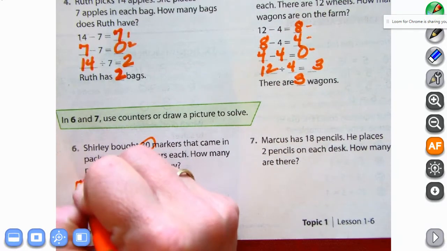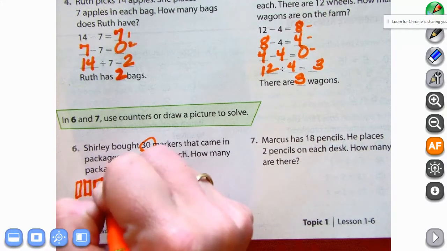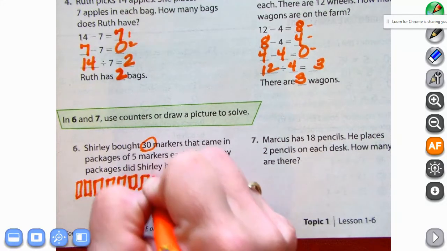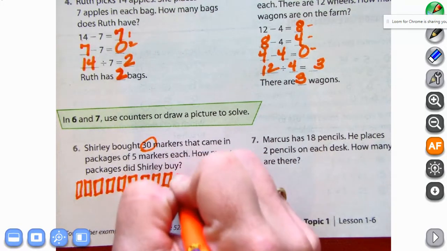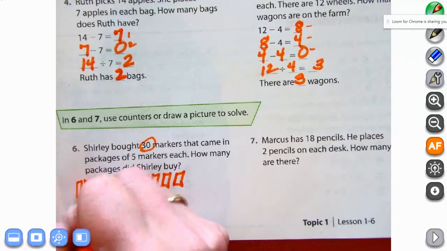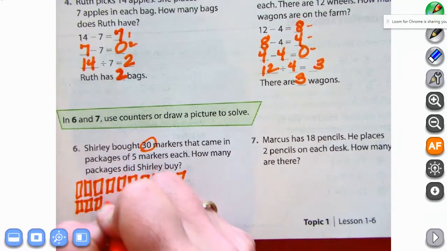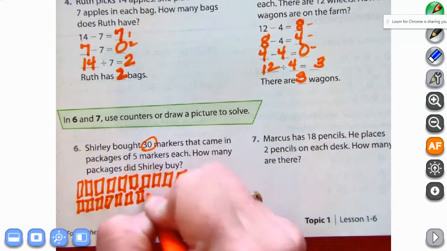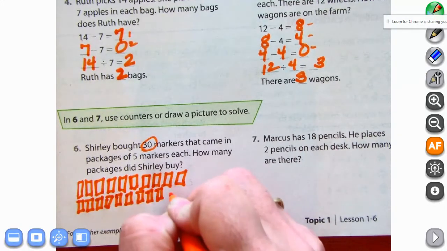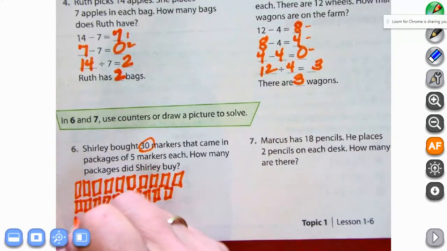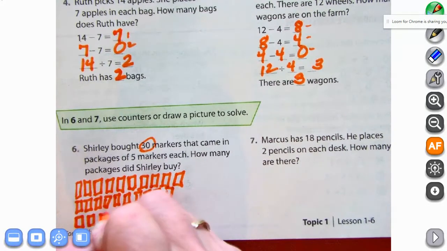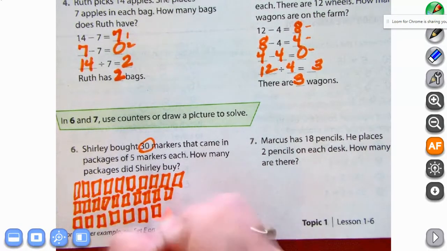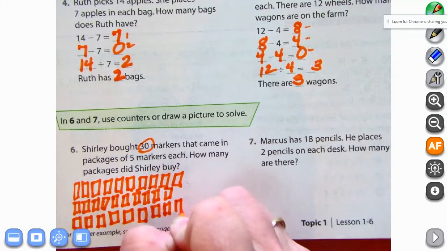So 1, 2, 3, 4, 5, 6, 7, 8, 9, 10, 11, 12, 13, 14, 15, 16, 17, 18, 19, 20, 21, 22, 23, 24, 25, 26, 27, 28, 29, and 30.